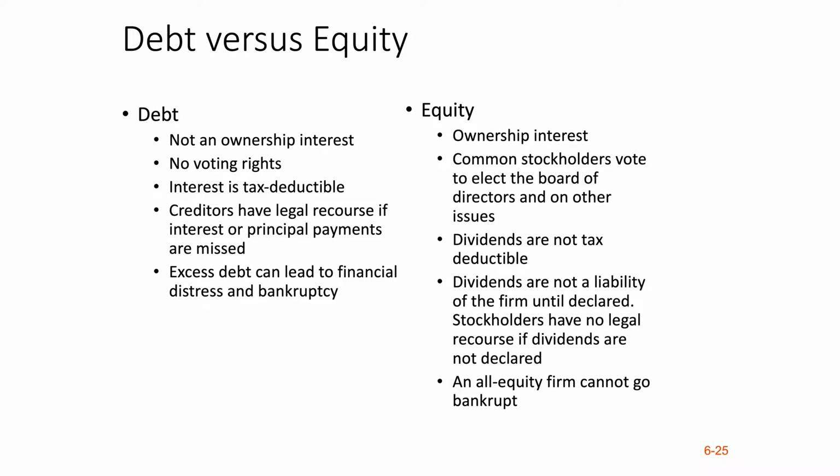Since it's not ownership, the bondholder, the investor, has no voting right. You cannot decide who is on the executive board, for example. On the other hand, the interest the corporation pays, the coupon payment, is tax deductible. Therefore, it's cheaper financing.